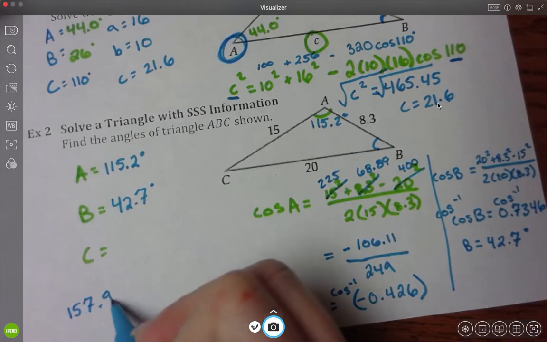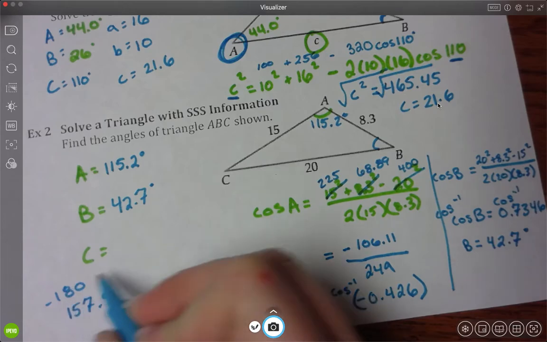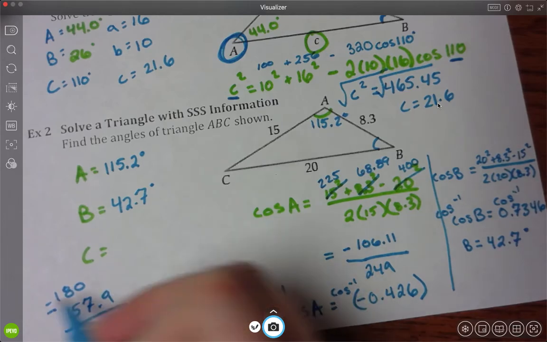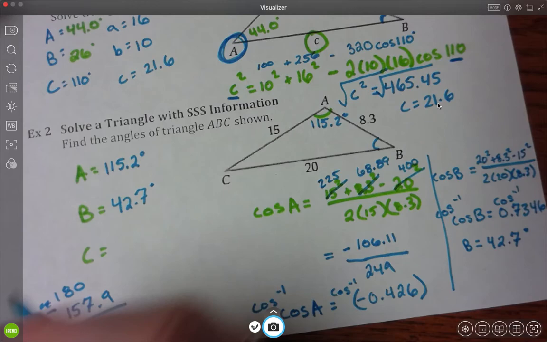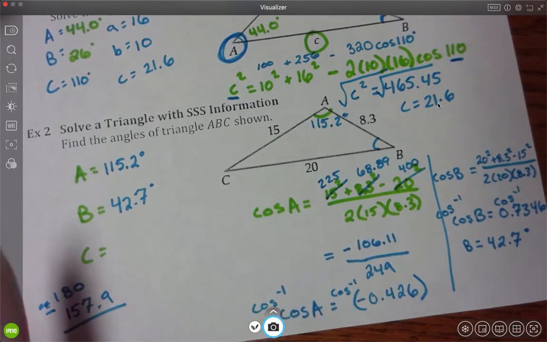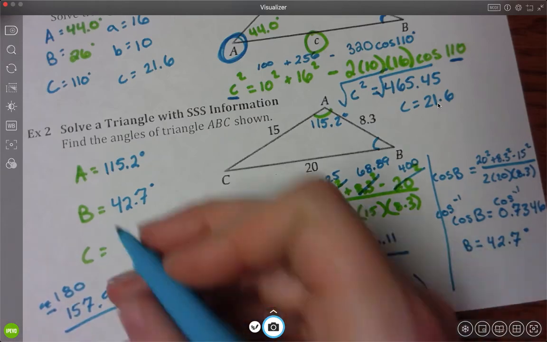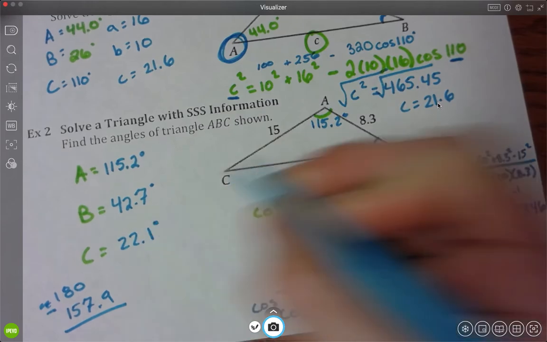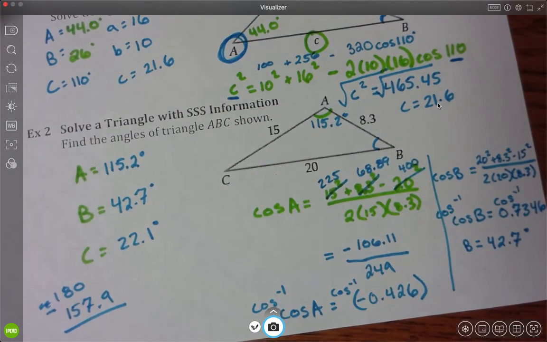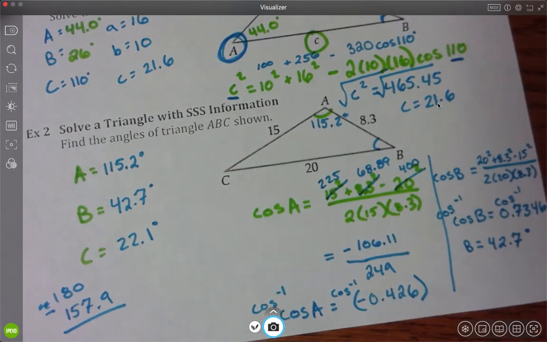I'm going to subtract that from 180, and then I can find what C is. 180 minus 157.9, and I had 22.1 degrees. So I found all the angles. I had to do the formula twice and then find the third one just by subtracting. So there you go. I'm going to stop the video there, and we'll do the backside whenever I post the next video.